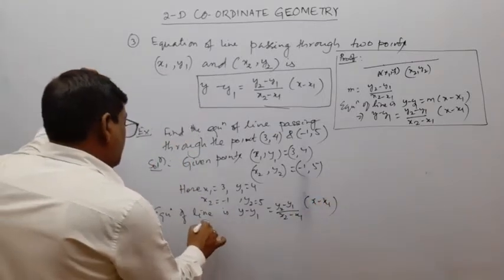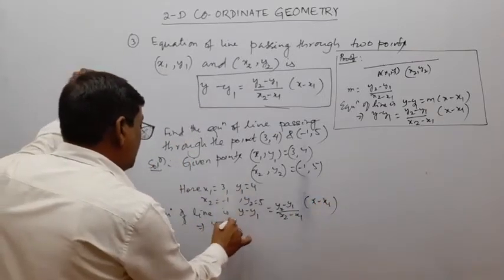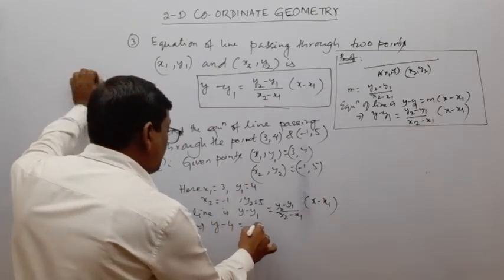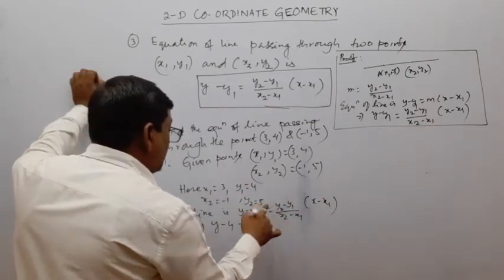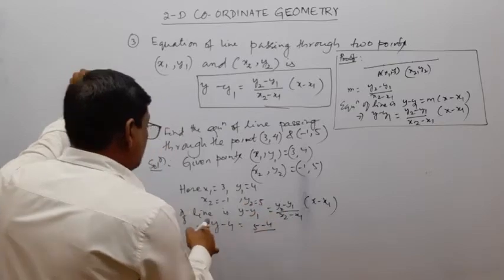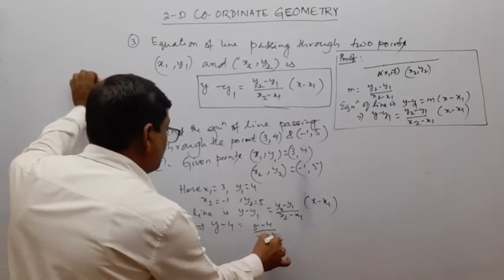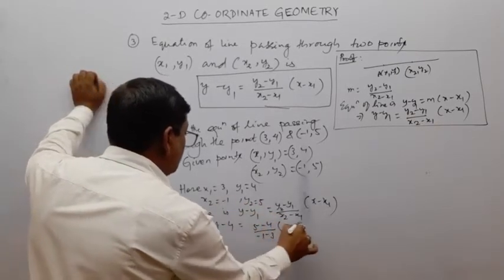So y minus 4 is equal to 5 minus 4 divided by minus 1 minus 3 into x minus 3.